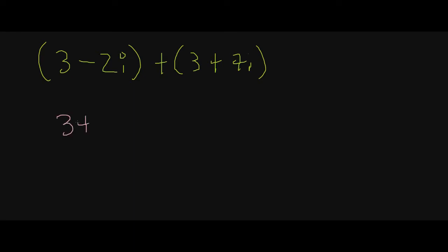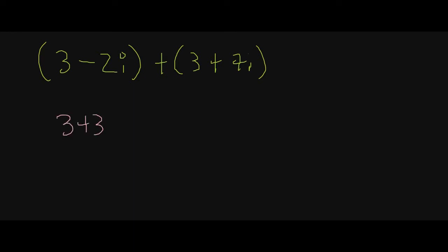Well, let's look at an example problem that involves subtracting, all right? Let's say we have 3 minus 2i plus 3 plus 7i. Like we did before, I'm going to put the numbers together. So 3 plus 3.